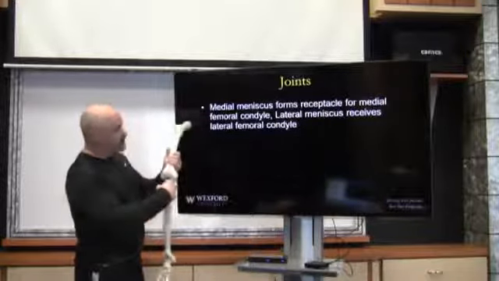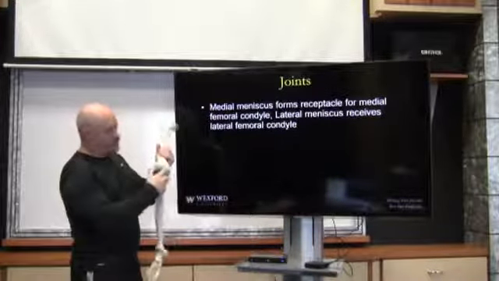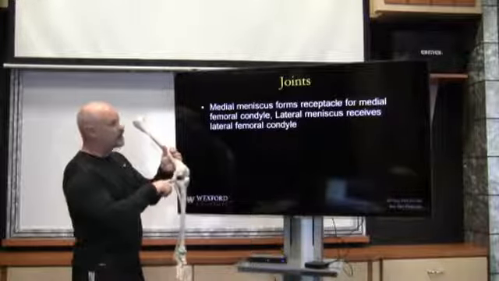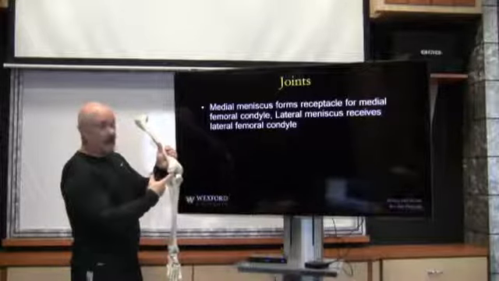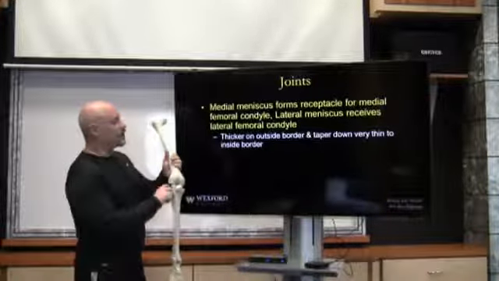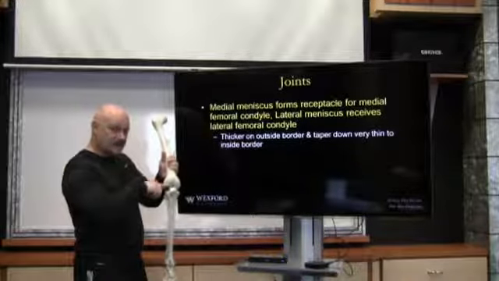Now the medial meniscus forms a receptacle for the medial femoral condyle. The lateral meniscus on the outside receives the lateral femoral condyle. It's thicker on the outside border and tapers down very thin on the inside.